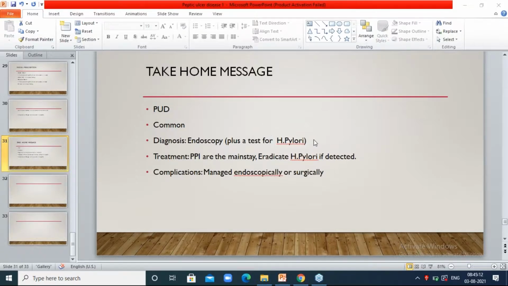So you have asked various questions, like why there is a different relation to food intake in gastric and duodenal ulcer. Basically, it is not very much as classically described as we used to see.